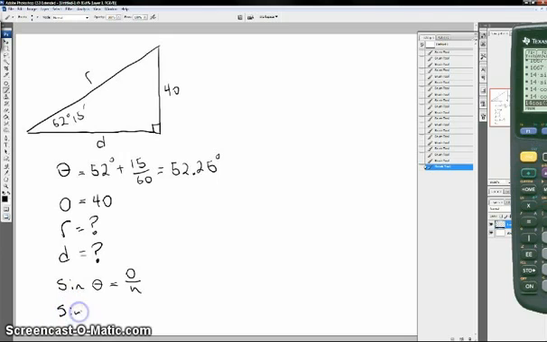So the sine of 52.25 is equal to 40 over the hypotenuse. If I solve that for the hypotenuse, I'll get the hypotenuse is equal to 40 divided by the sine of 52.25.